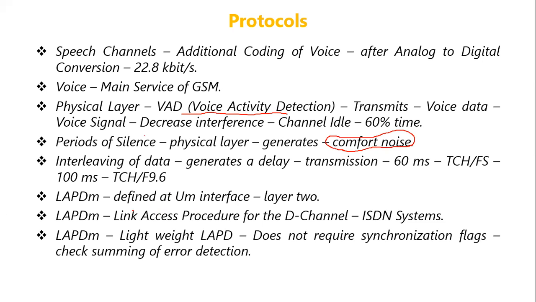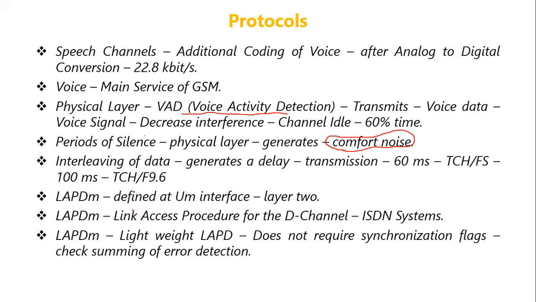LAPDM is a lightweight version of LAPD because it does not need synchronization flags or checksumming for error detection, because that is already being done by the physical layer. In the physical layer we have discussed error correction and synchronization; all these are taken care of by the physical layer.